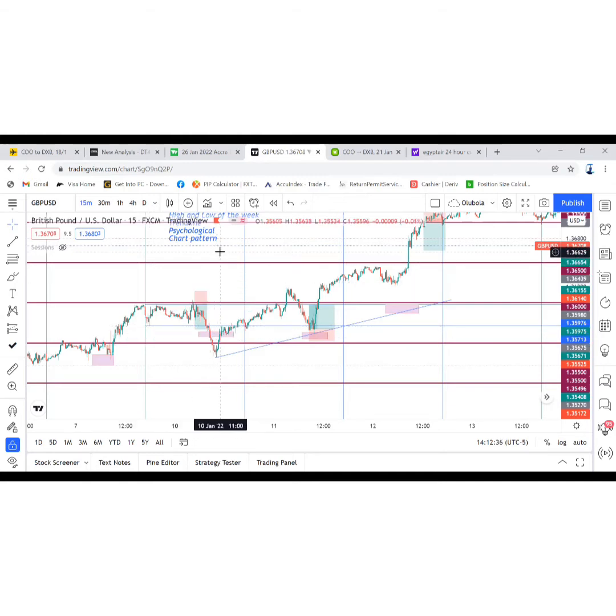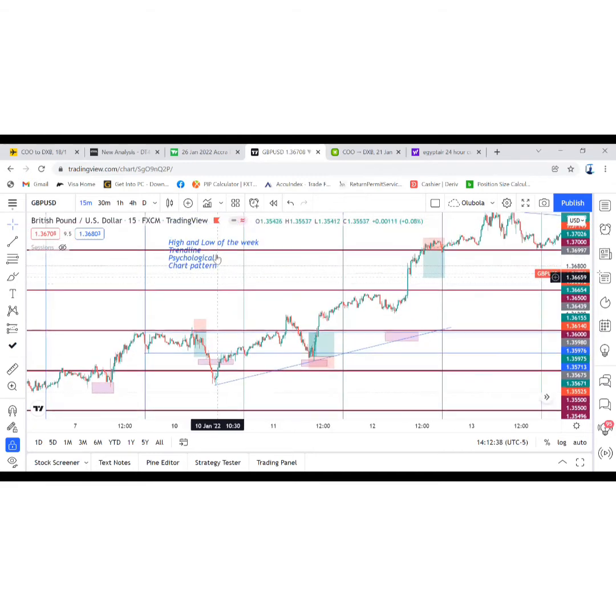Now I have 4 things that I watch out for. That the market must react on my high or low of the week, the trend line, psychological level, and I must have a chart pattern to confirm that I'm going in for the trade.